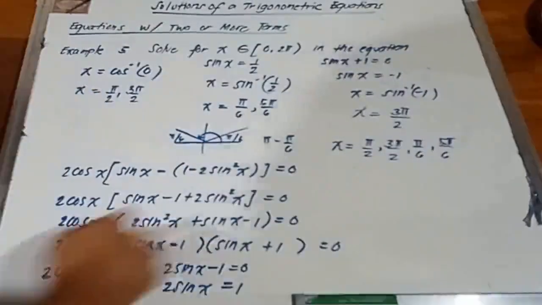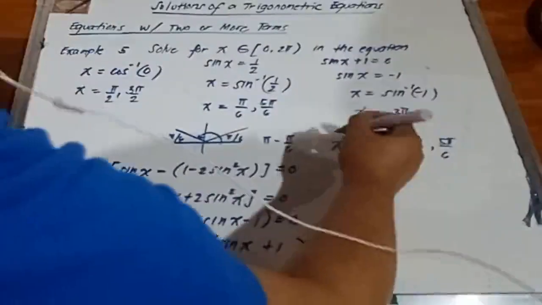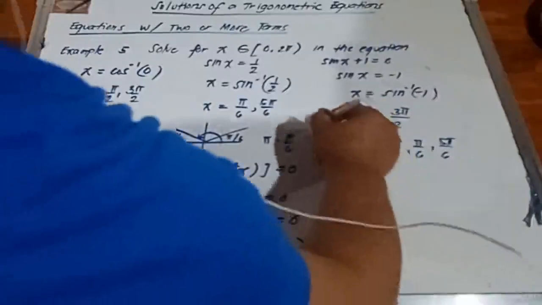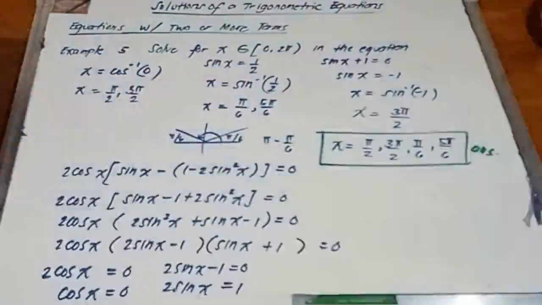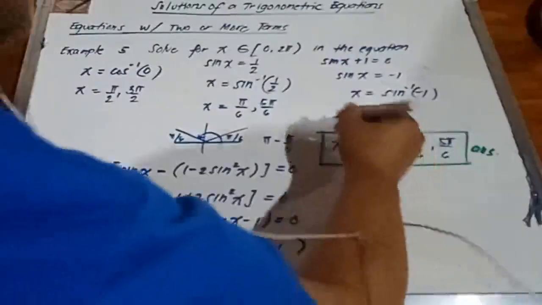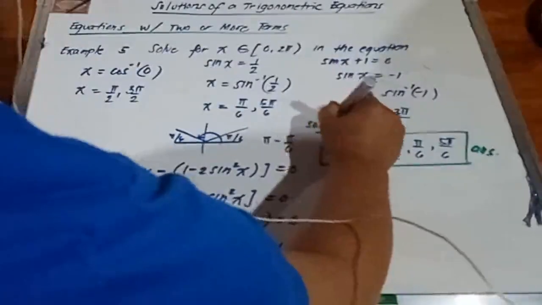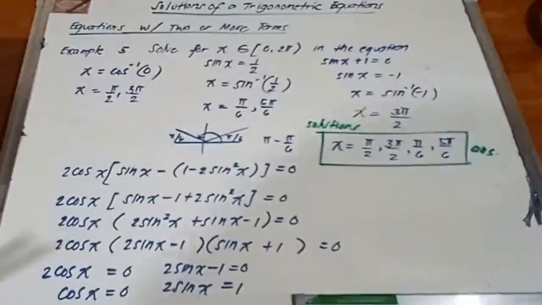Nadoble lang yon, pero parehas lang naman sila. So, therefore, ang solutions natin dun sa ating example number 5 ay ito. Ito yung solutions natin. So, that is my last example for this topic. Thank you.